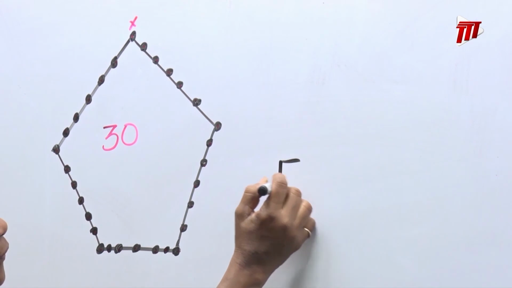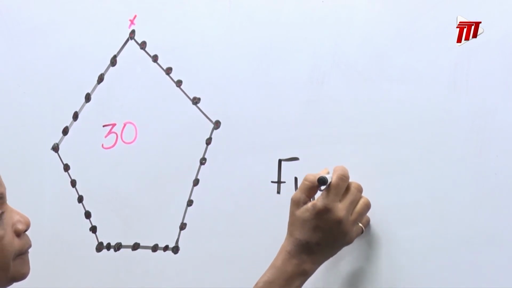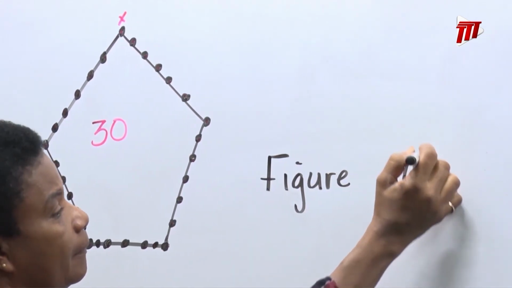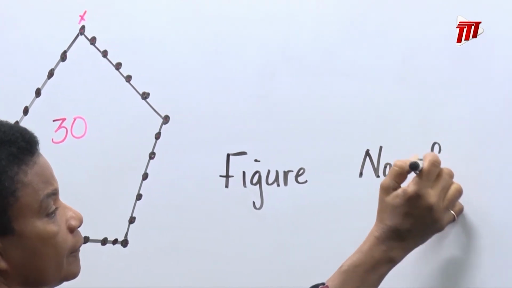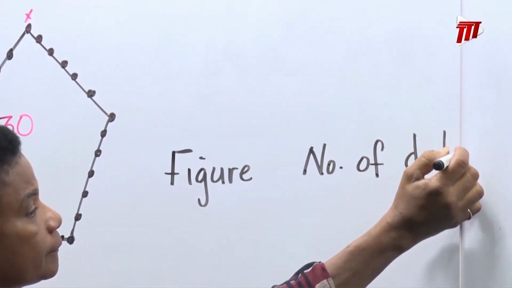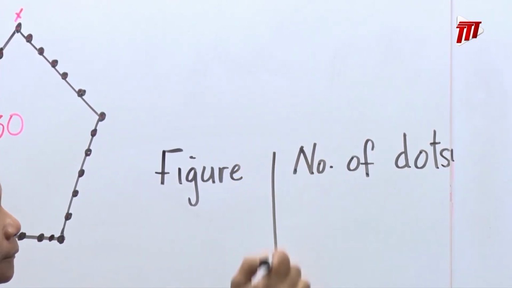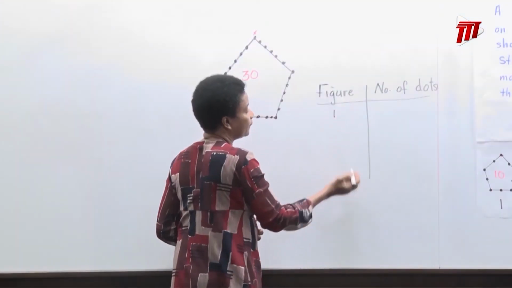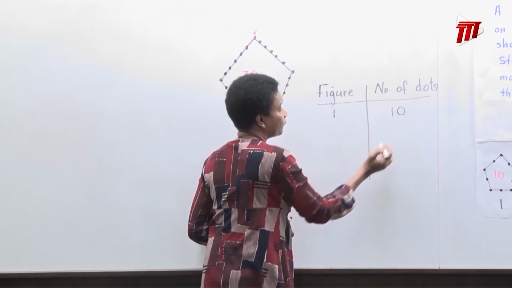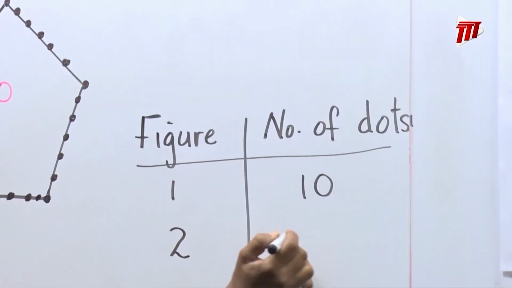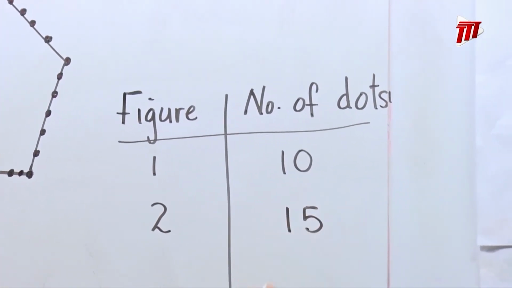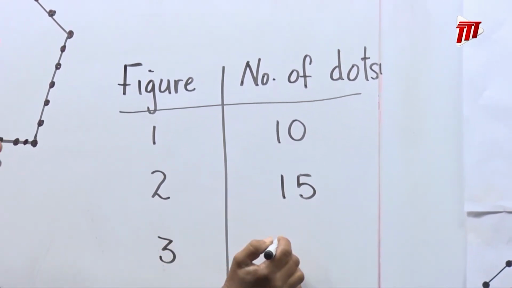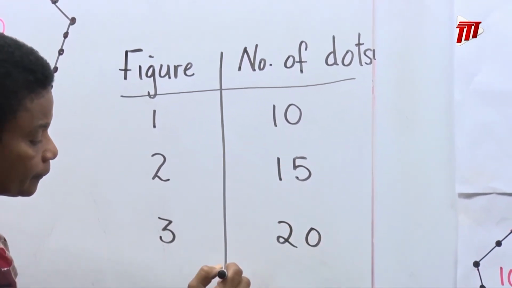We're going to put the figure and the number of dots. So the first figure used 10 dots, the second figure used 15 dots, and the third figure used 20 dots.